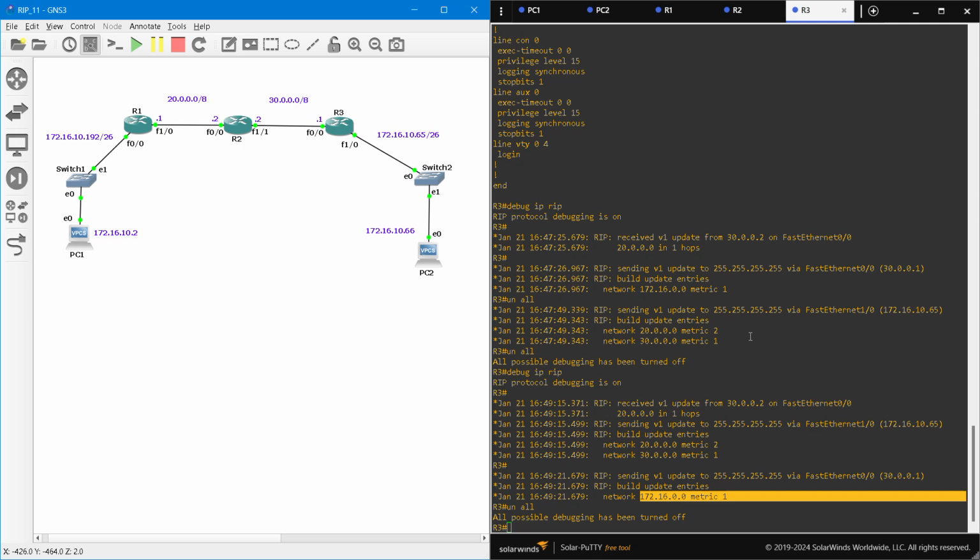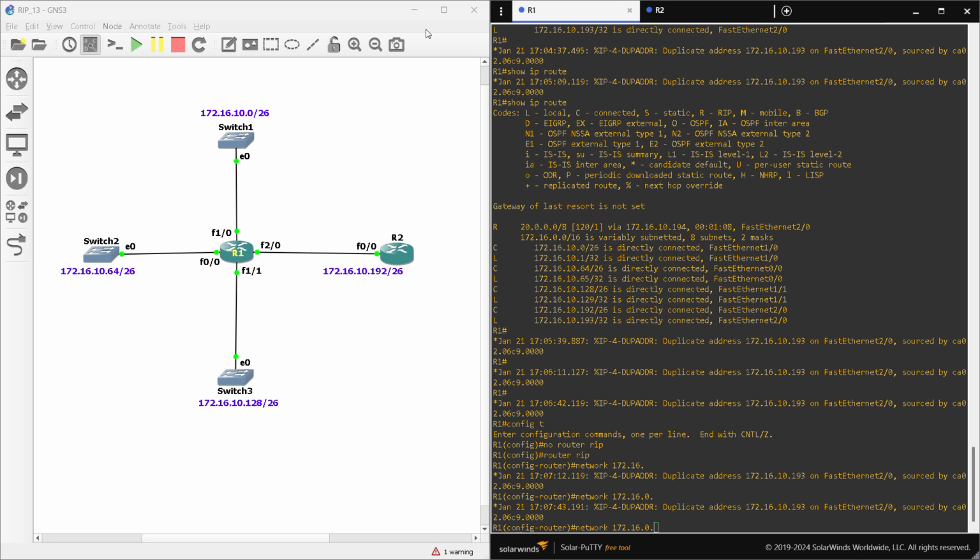Now let's move forward with a new concept. This is our new topology, and while I was configuring RIP for router 1 in this topology, I had a question.